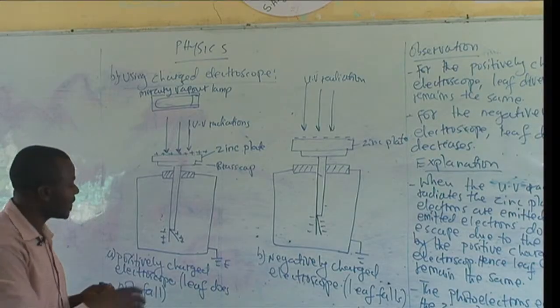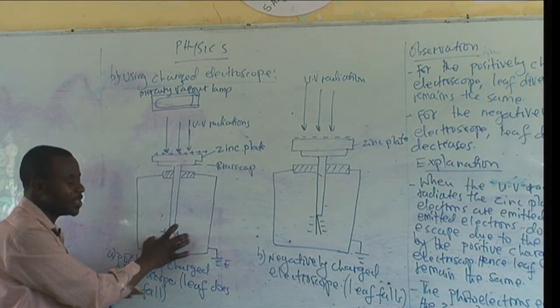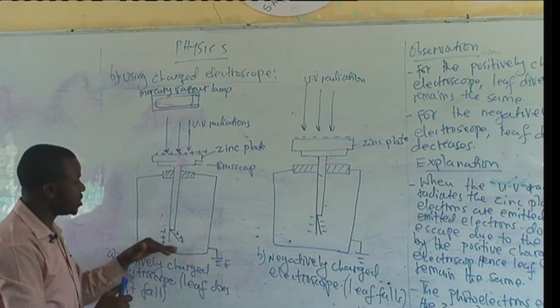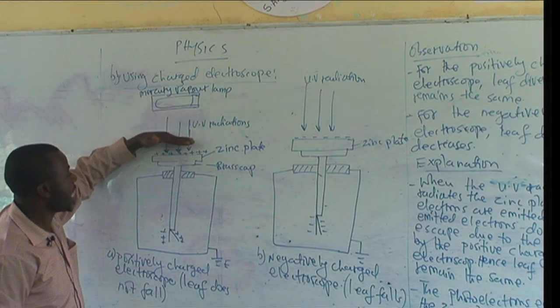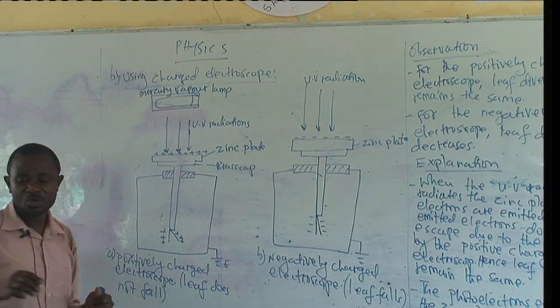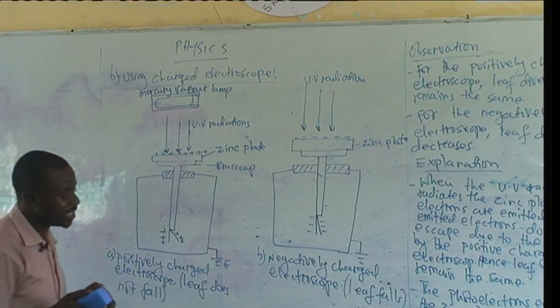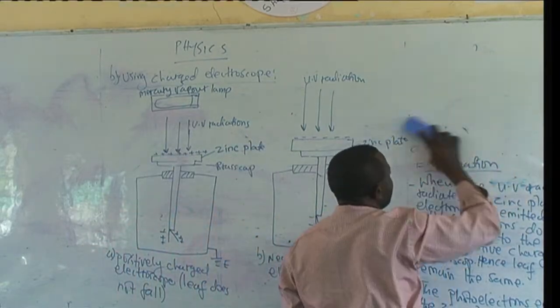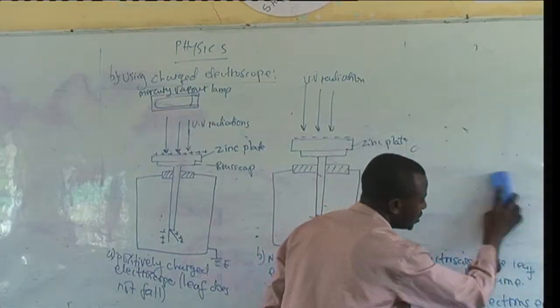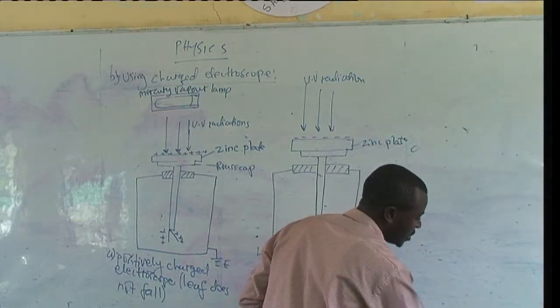As a result, there will be no change in leaf divergence, because the glass will absorb that radiation, causing no photoelectric emission.